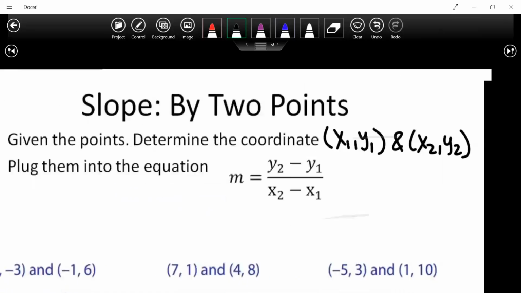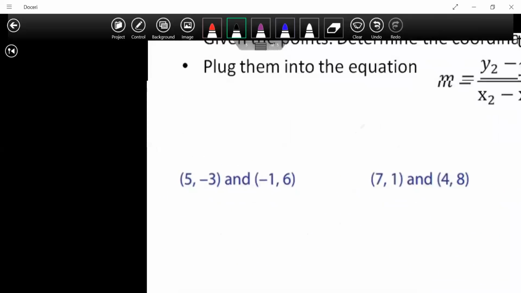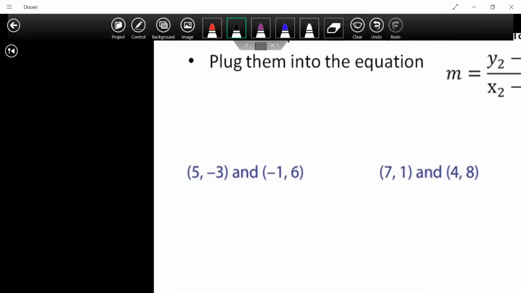We want to be able to identify them. So this will be X1, Y1. The other one will be X2, Y2.